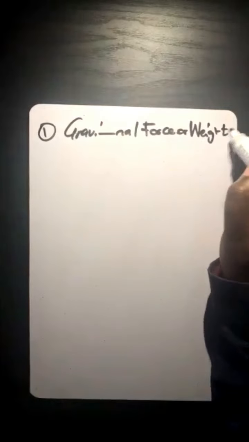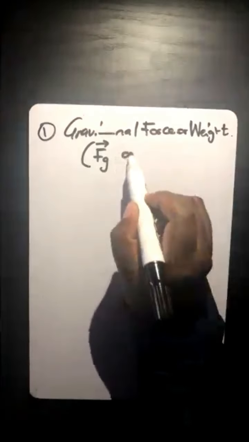How do we represent this? When we talk about gravitational force, this is what we refer to as F gravity. Most importantly, remember to indicate that arrow. Why? Because this is a vector quantity. How do we represent weight? It's just W. I hope you remember that.